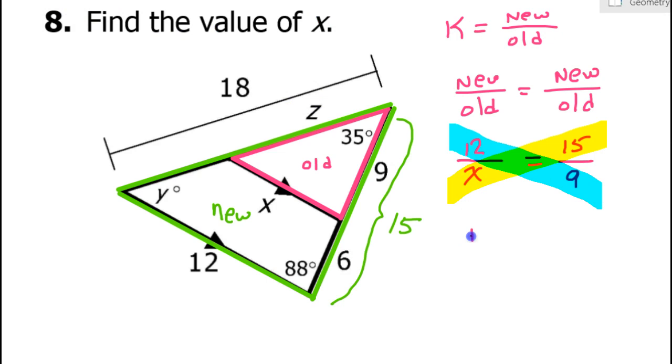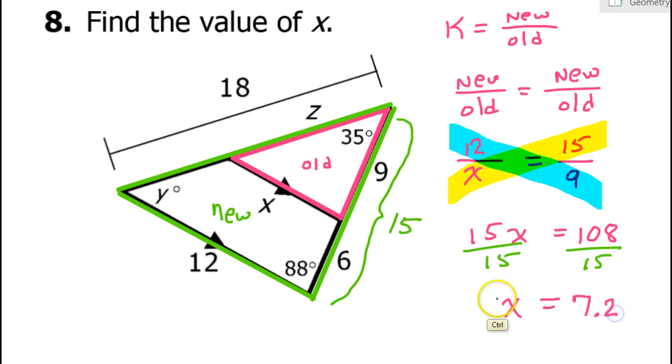So I'm going to have 15x is equal to 12 times 9, which is 108, and then we need to divide both sides by 15. 108 divided by 15 is 7.2.